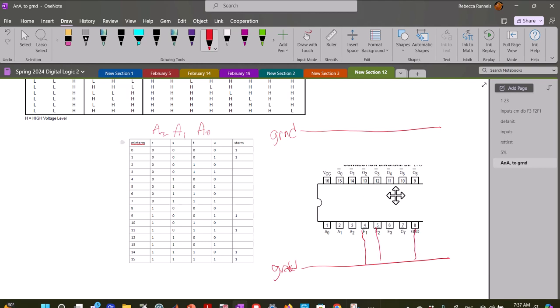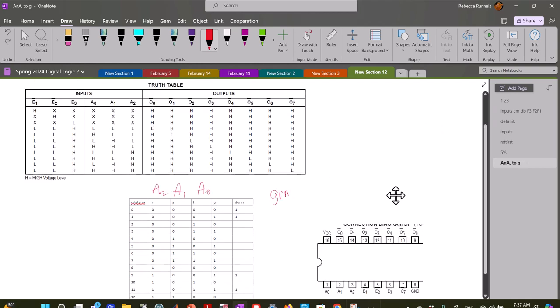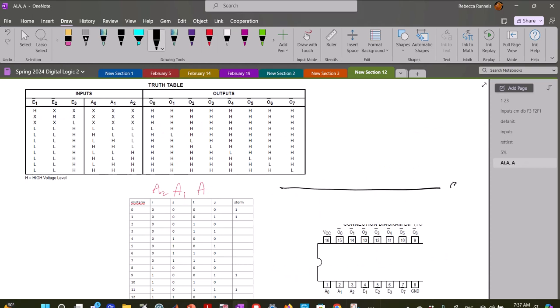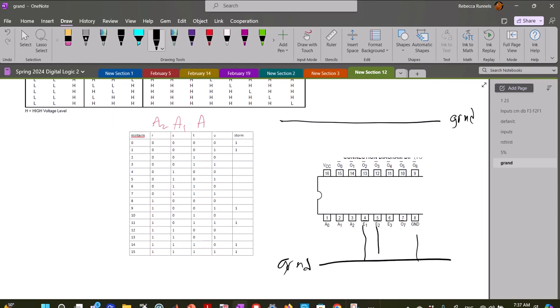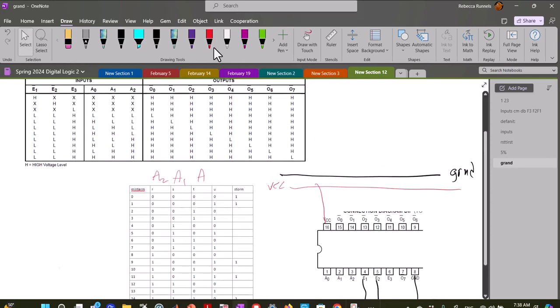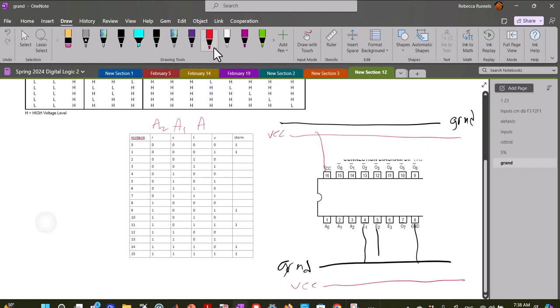We need to have VCC, so this is your high voltage. We need to have that to VCC, and we need to have it to E3.